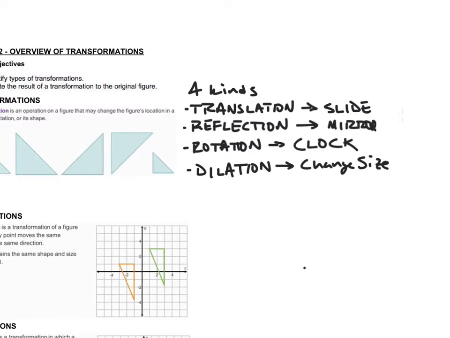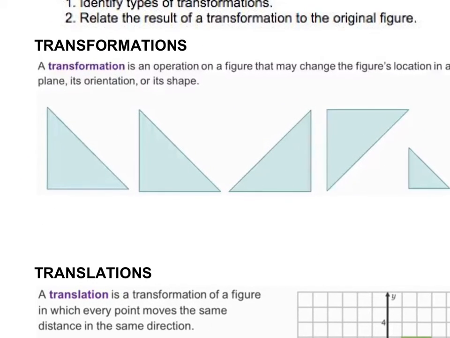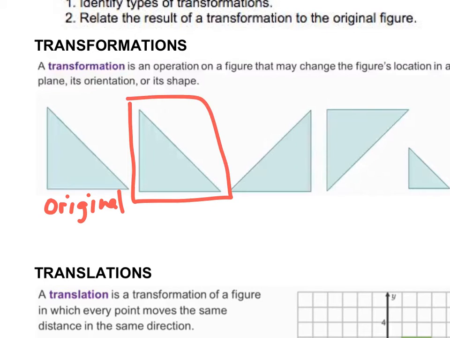So that's the idea here. And if you look over here, if you think about these figures here, here's your original figure, okay? This example here would be a translation, okay? All you're doing is sliding this over. Here's your original, all you're doing is moving it over.